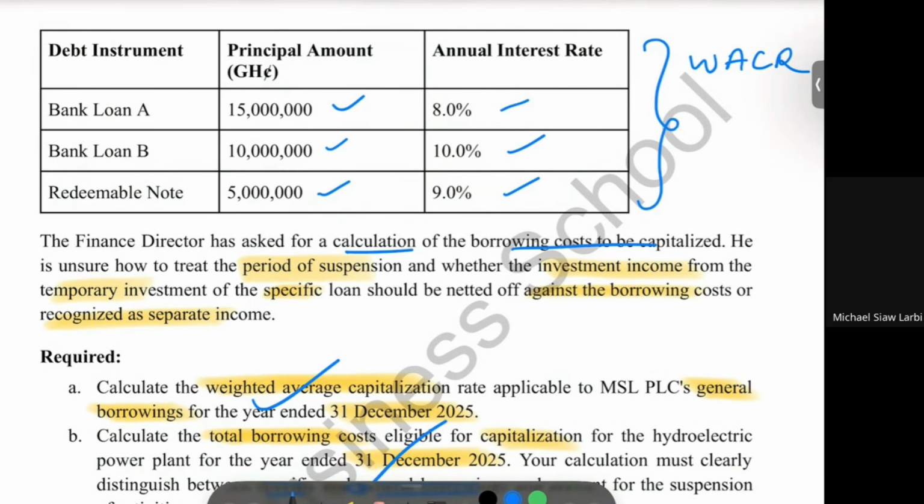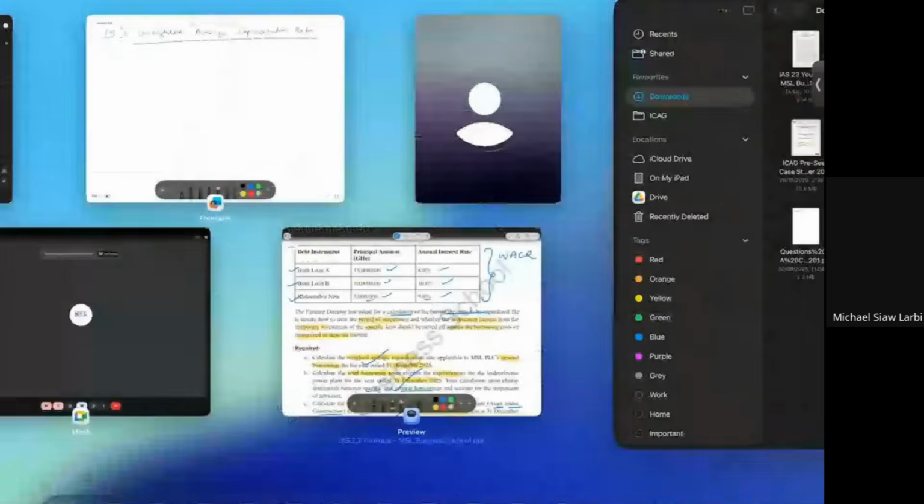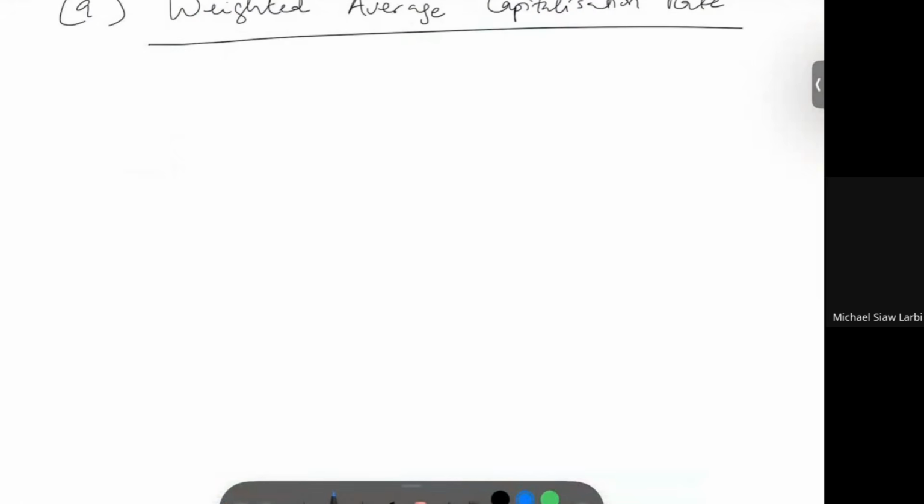So let's write out. We have bank loan A 15 at 8, bank loan B 10 at 10, and then redeemable note 5 at 9, right? Let's do that here. So I'll create a table here. So I have my bank loan A, bank loan B, and my redeemable note.